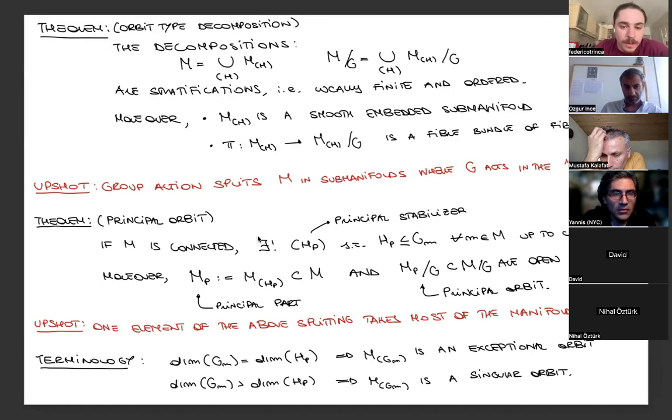So the remainder of the manifold is either a singular orbit if the stabilizer has bigger dimension than the dimension of the principal stabilizer, or it is an exceptional orbit if the stabilizer has the same dimension as the principal stabilizer.